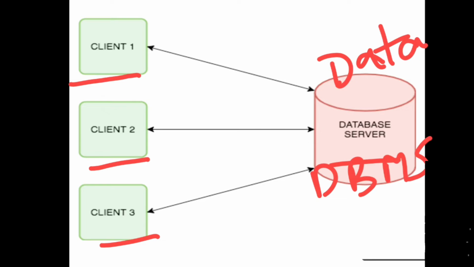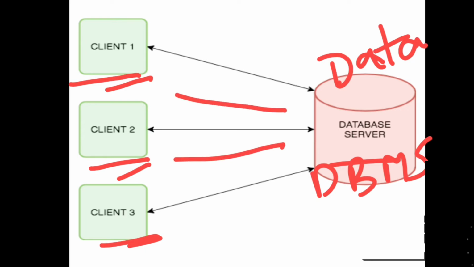So just like these three client machines, more number of client machines can also be there on the client side. For example, in banks, you must have seen there are number of employees who all are accessing their computers, and these all computers are connected to one server, from where they are accessing their data.